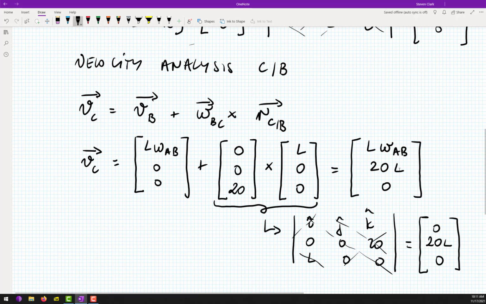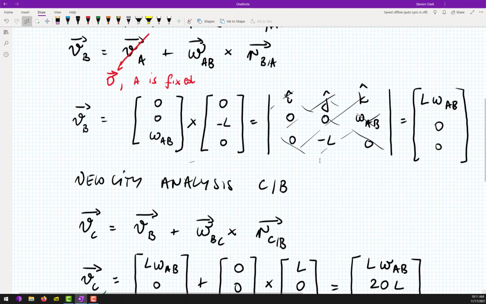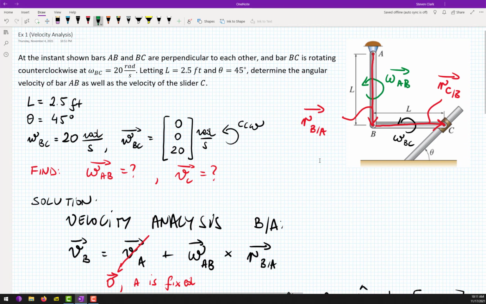Okay, however, I think we can say something more about this vector, VC. If I scroll up the board, you can see that our VC must be aligned with this constraint. This is our trajectory of point C. Do you see that? So do you agree with me if I write that the VC vector will be equal to the magnitude of VC times, I believe, cosine theta, sine theta, 0?